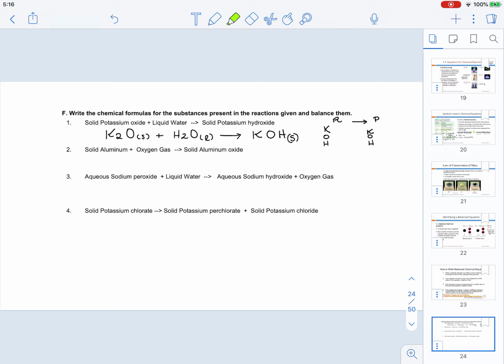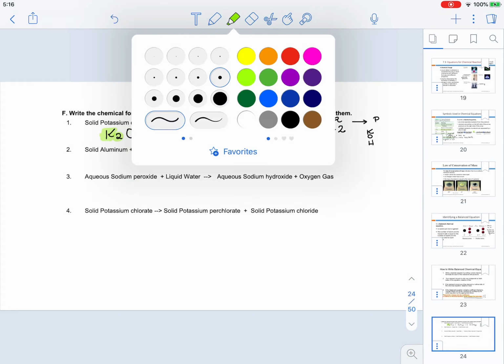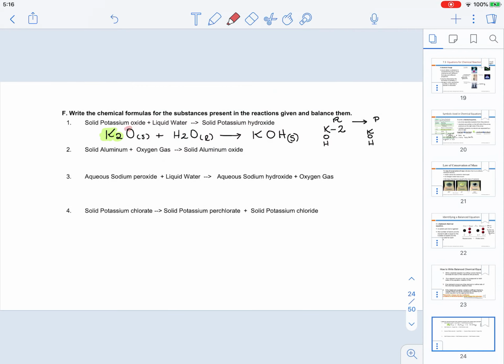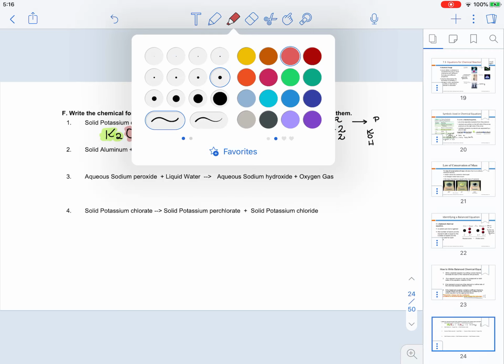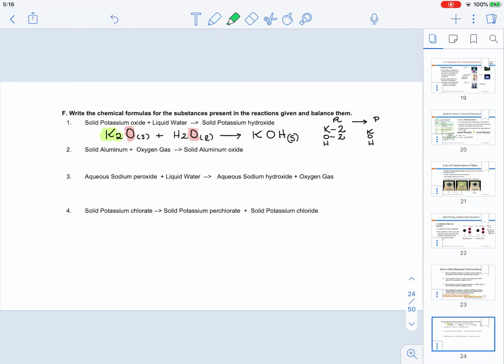So if we look on the left side at the reactant, as you can see, potassium, we have 2. Oxygen, we have 2 of them. And hydrogen, we have 2 of them.